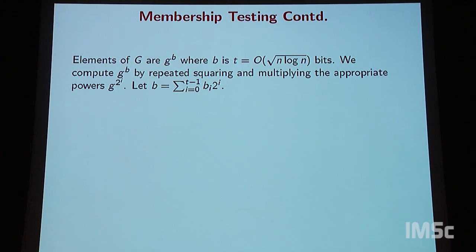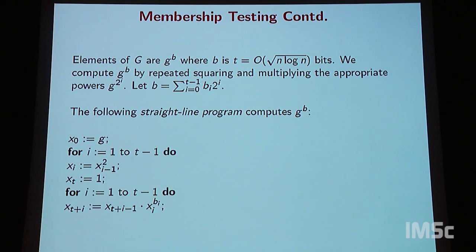So this is what I just now told you. And this little program does this repeated squaring of g, collects all possible relevant g to the power 2 to the power i's, and picks out the good ones, namely the ones for which bi is 1.